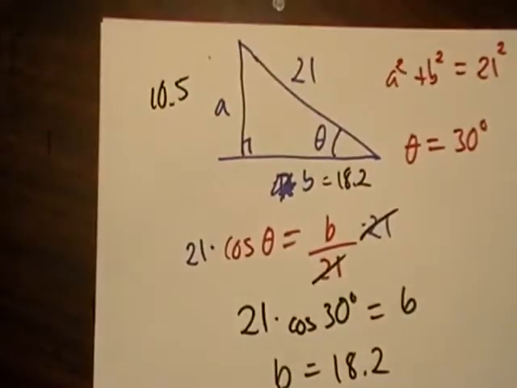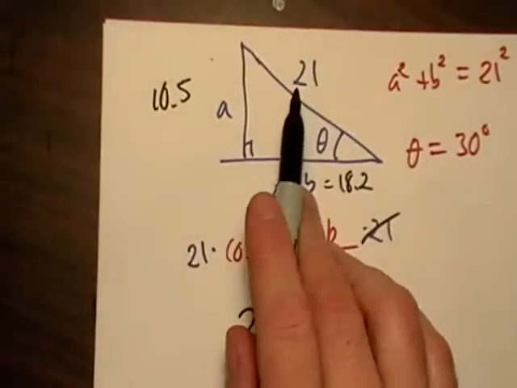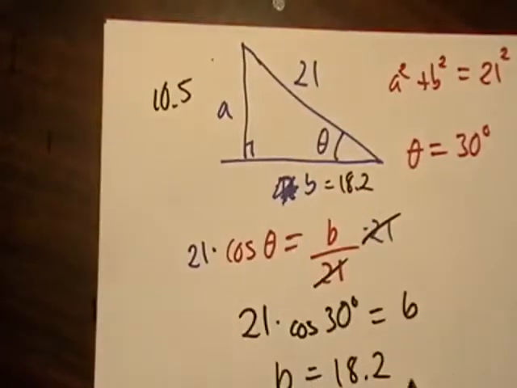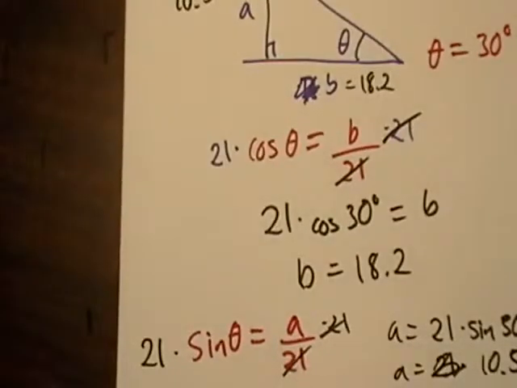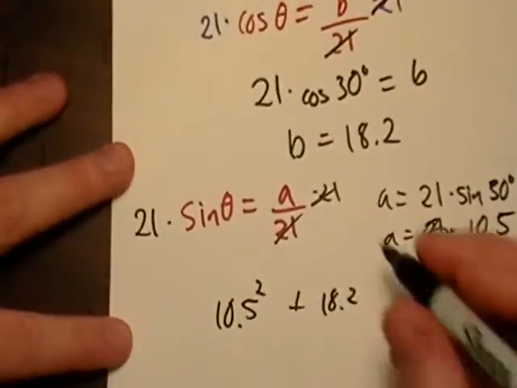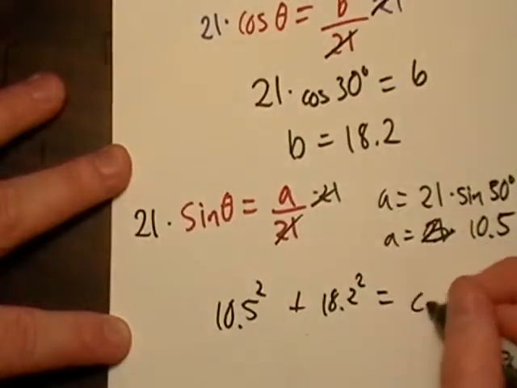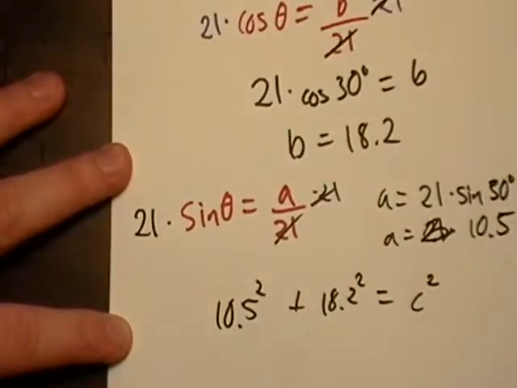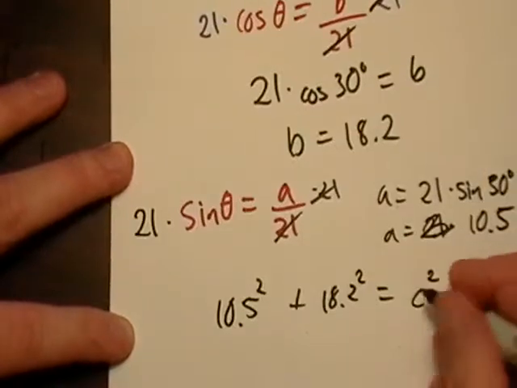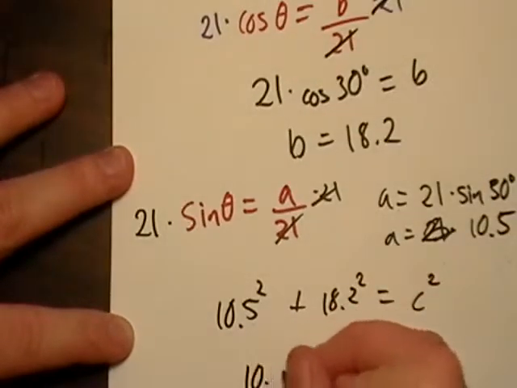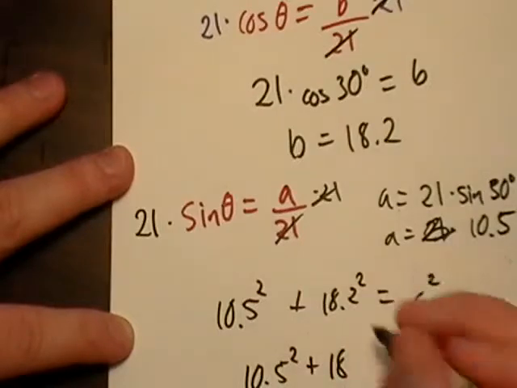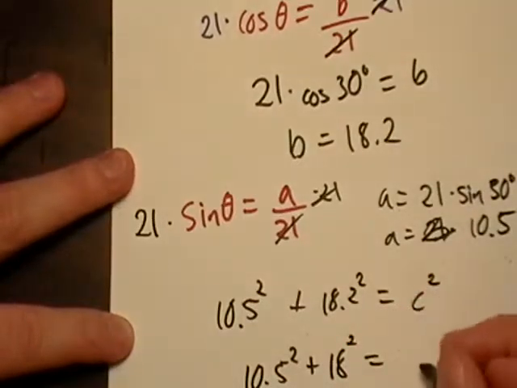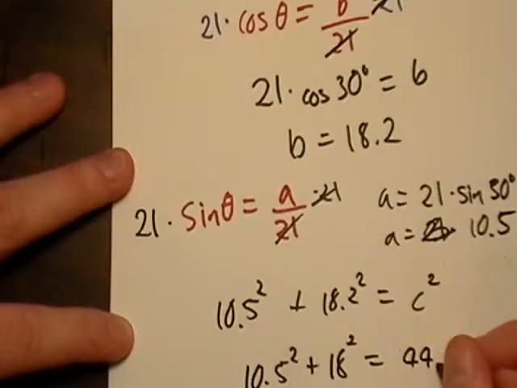Now if we do the Pythagorean theorem, we should get 21. We probably won't get exactly 21 because I rounded off some decimals, but let's just go 10.5 squared plus 18.2 squared equals C squared. That's about 441.5.